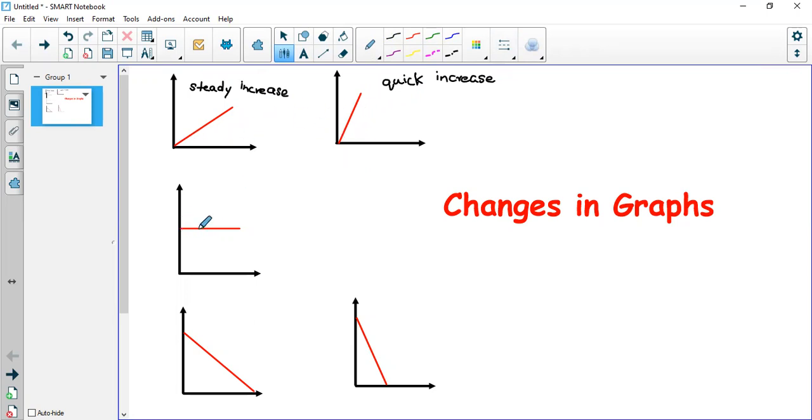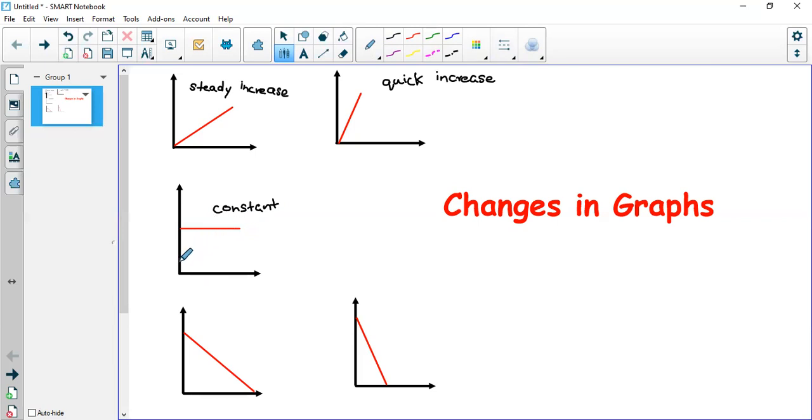Now, when there is a flat line like this, it means that the growth or the speed is constant. Constant means it's the same. It has no changes. If a car is traveling at this speed, it means that the car did not change its speed. It's traveling at the same speed. If it's growth, it means there will be no growth.